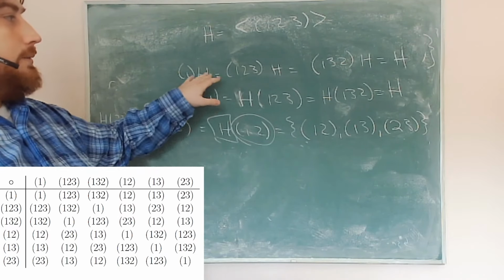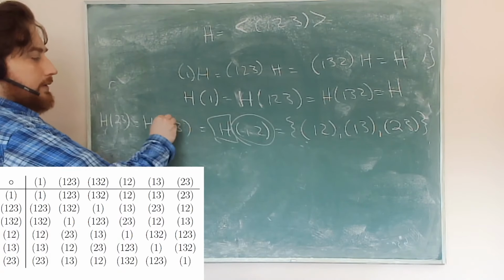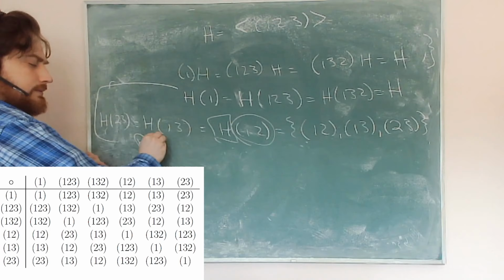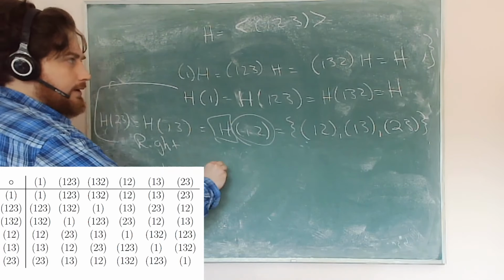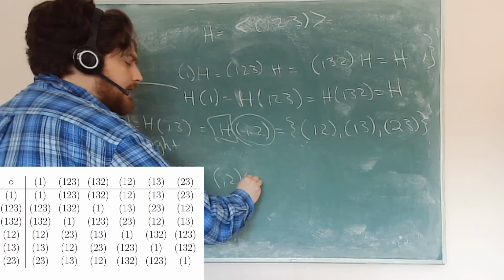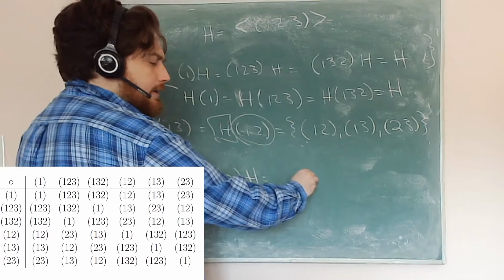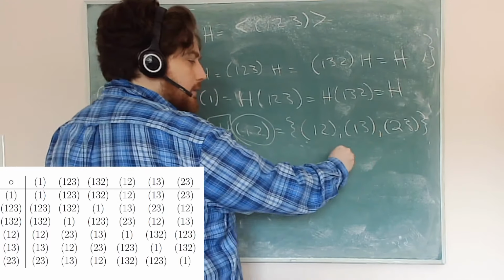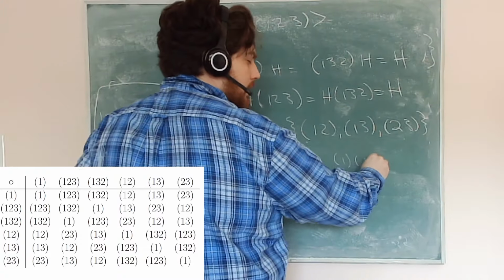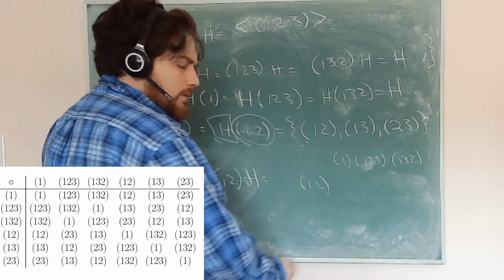For the left cosets, we did it with H already, but we'd also have to do the others. So these are right, and if I want to do left, I'm going to take (12) times H. In this case, I get (12) on the right, and then the columns are going to correspond to 1, (123), (132).